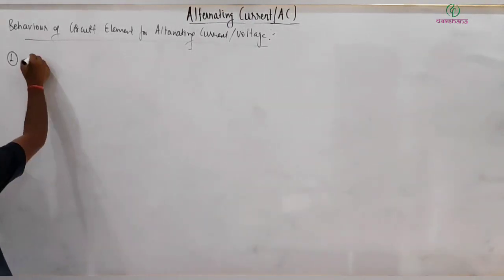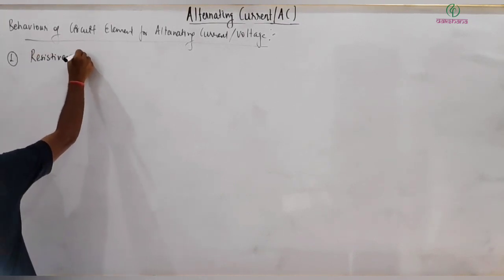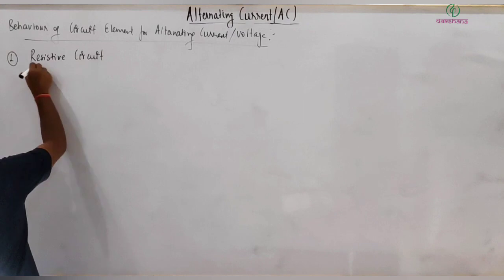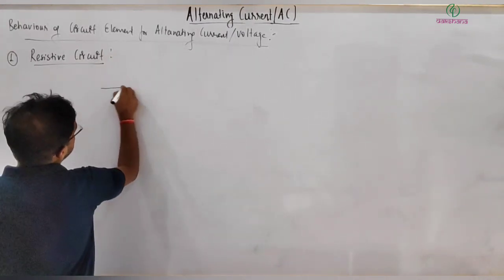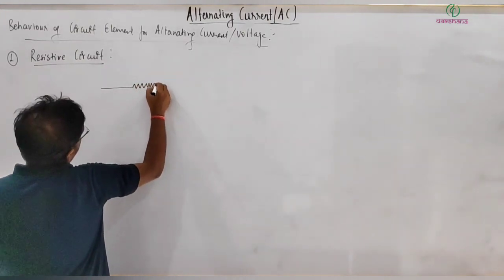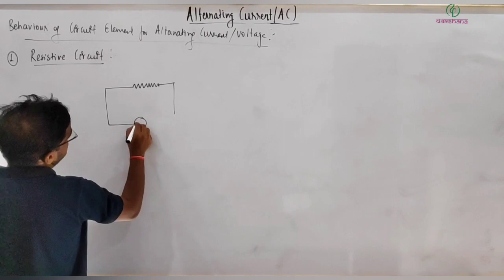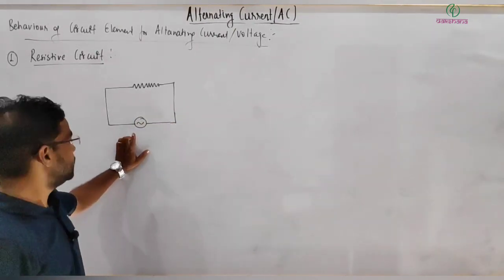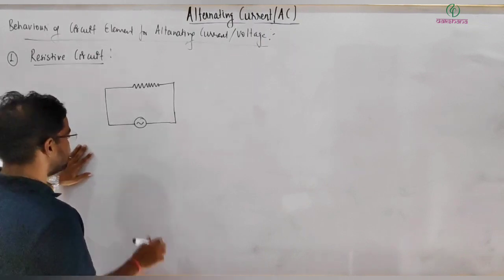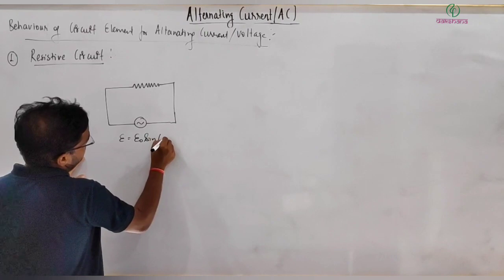So for a resistive circuit, consider one resistance and an alternating voltage source applied. An alternating source of voltage is represented in this way. For current we write it exactly the same, E0 sine of omega t.